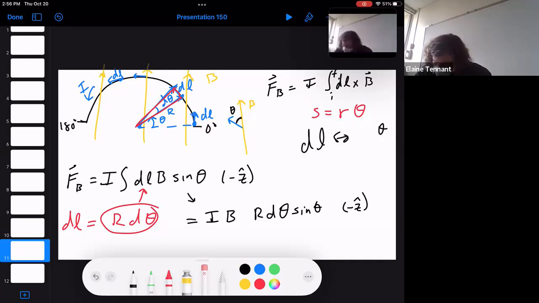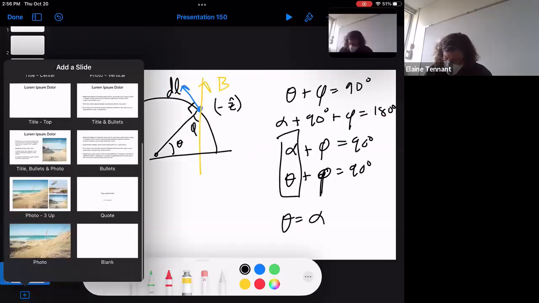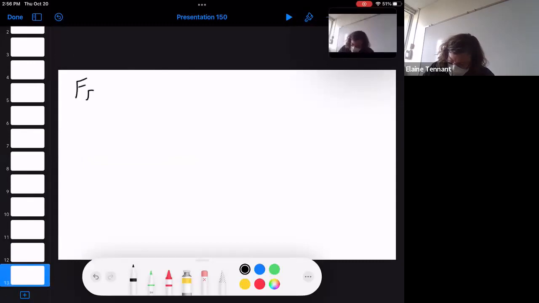Constant. So I'm at a point where I'm taking the integral of sine theta d theta. So I'm really just taking the integral of sine. I had IRB sine theta d theta.